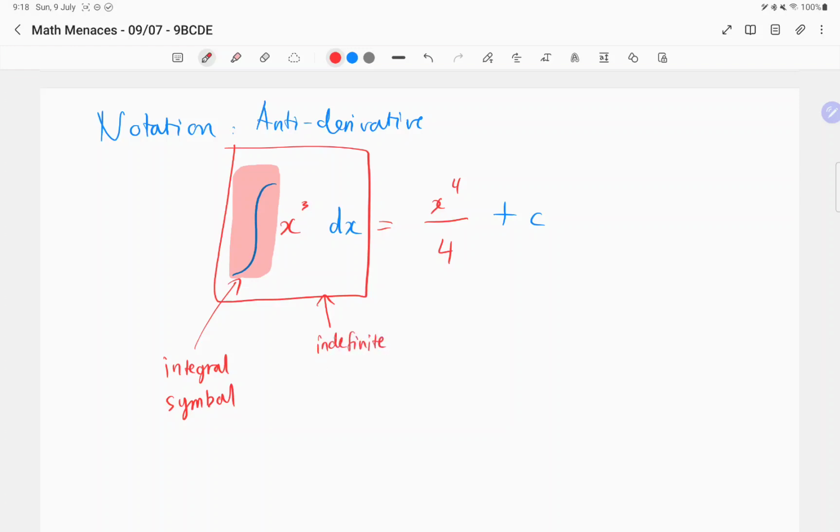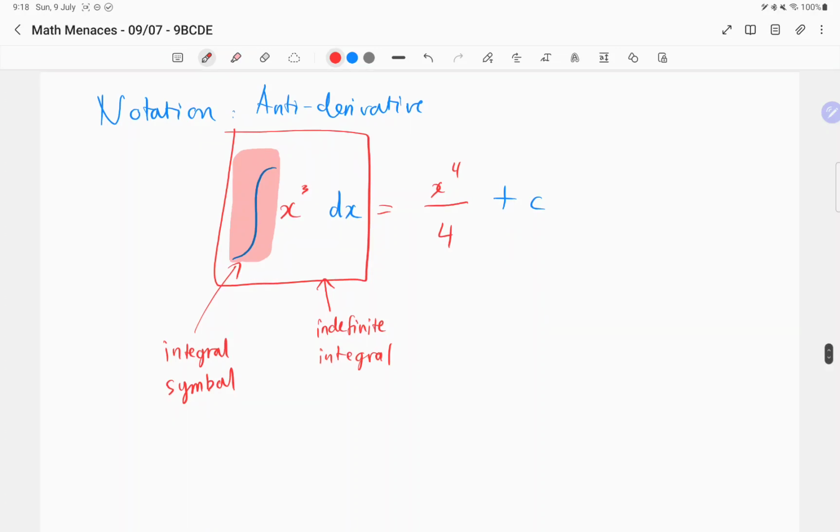The whole thing, that whole expression there, is an indefinite integral. So you may wonder if there's an indefinite one, there must be a definite integral, and yes, you will learn about the definite integral later. If there's indefinite, there will be definite. Fortunately, it's also part of Unit 3, so it will become clear in your mind. Now, why is it called indefinite integral?